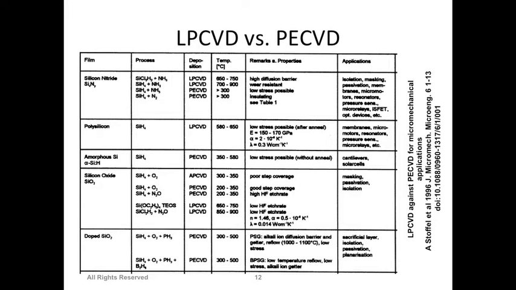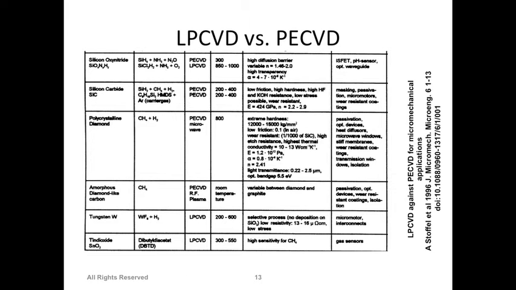So let's look at some tables which can give you some information which people have already compiled. You can see from the top: silicon nitride, polysilicon, amorphous silicon, silicon oxide, doped silicon. Let's move on: silicon carbide, which is also very commonly used in many different structures nowadays, polycrystalline diamond, amorphous diamond-like carbon, tungsten, and tin dioxide.